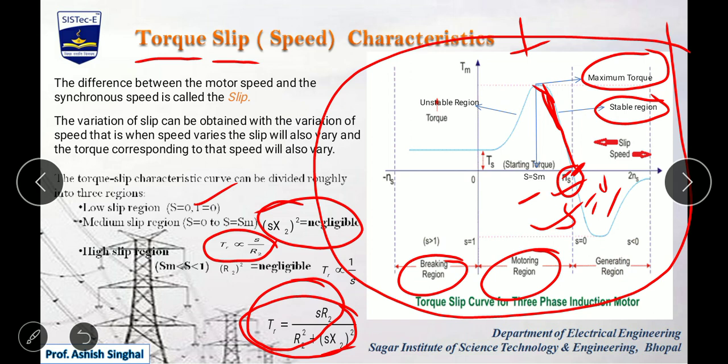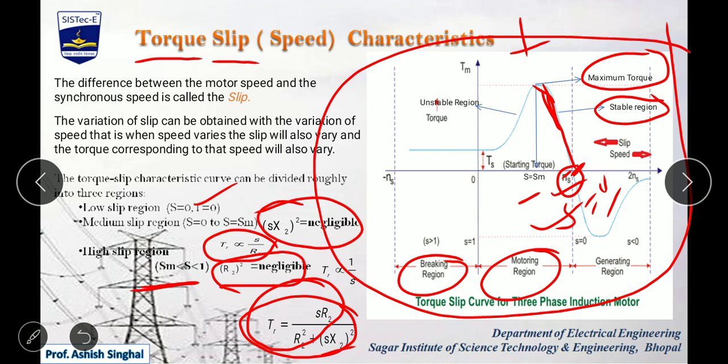Now the third is the high slip region, because now the slip value comes in this category. Here the slip value is approaching 1, and the R2 square term will be negligible.